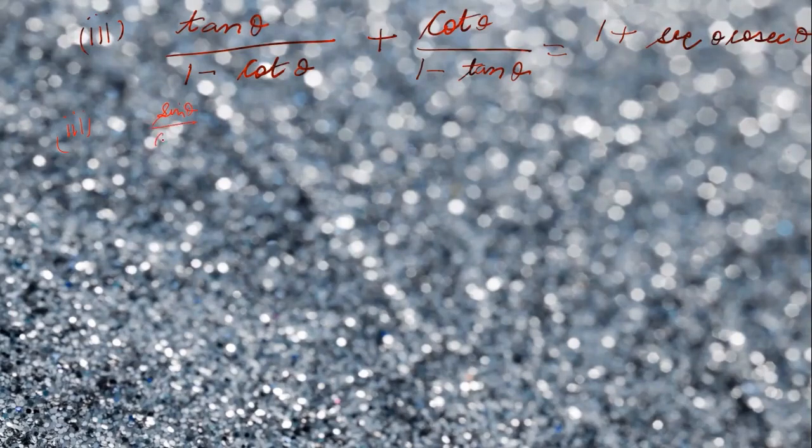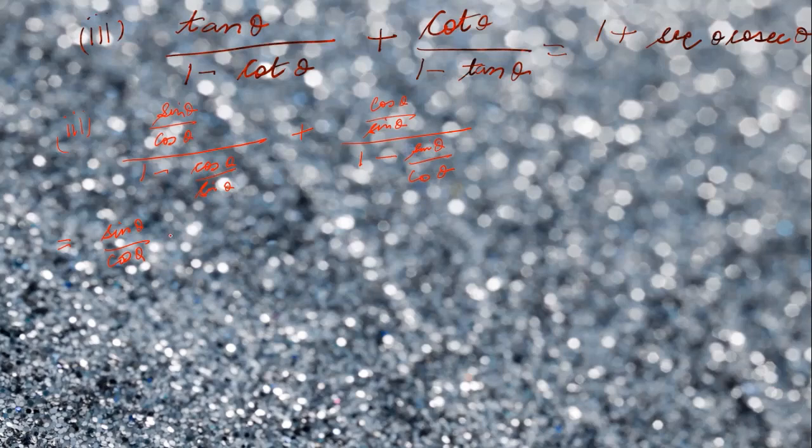That is sin theta upon cos theta, divided by 1 minus cot theta, meaning 1 minus cos theta upon sin theta, plus cot theta is cos theta upon sin theta divided by 1 minus sin theta upon cos theta. So you can write sin theta upon cos theta, then divided by this, take the LCM, it will be (sin theta minus cos theta) upon sin theta.